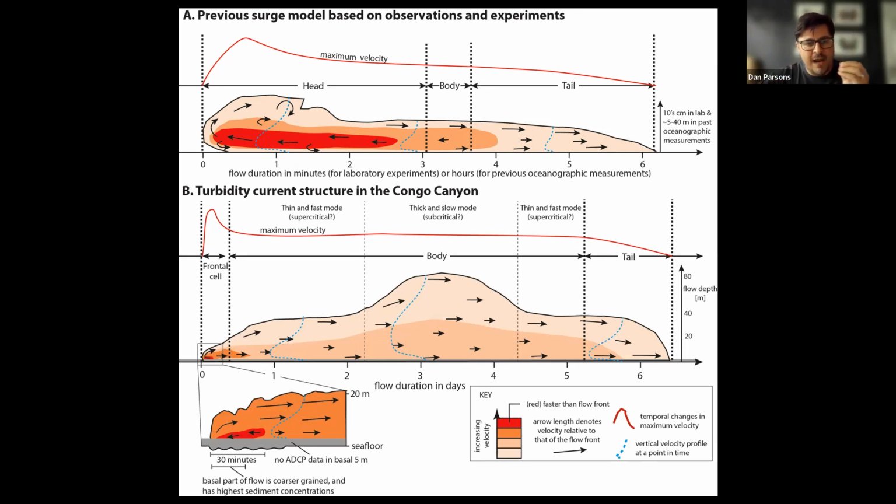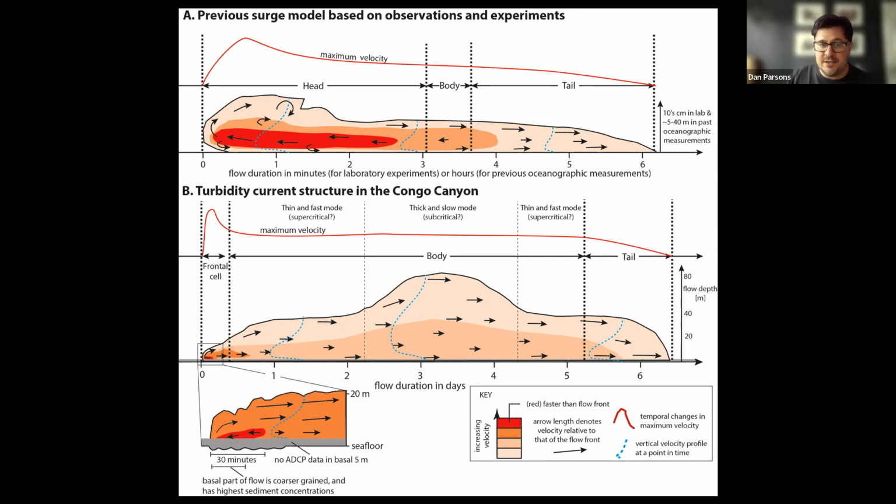By the time it's stretched and moved down through the rest of the channel, it could last for days and weeks at the bottom of the abyssal plain. So in terms of their delivery of sediment, rather than being periodic, punctuated depositional units into the abyssal plain, what we'll actually see is a much more continuous supply of sediment over many days and potentially weeks into the deep sea.